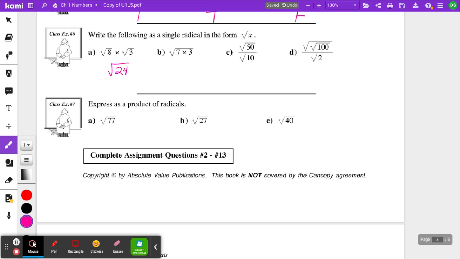Multiplication is good. How about part B, root 7 times 3? Just root 21. So you're kind of ignoring the radical sign. You're just doing it like we've always done it. We just put a radical over the answer. Okay, how about root 50 divided by root 10? Root 5.